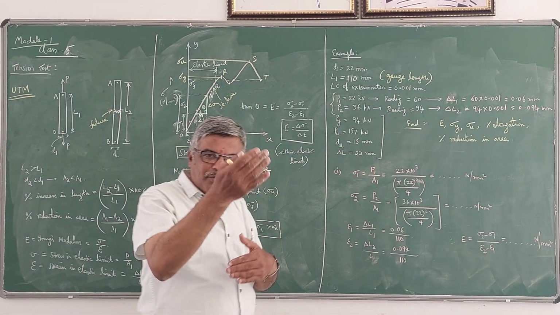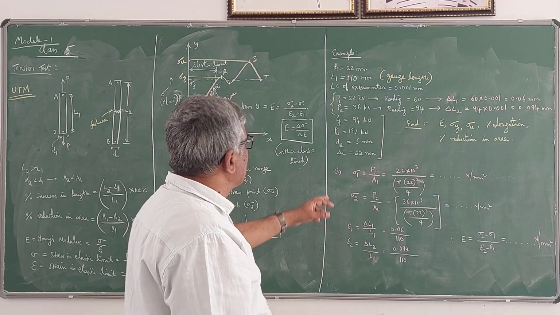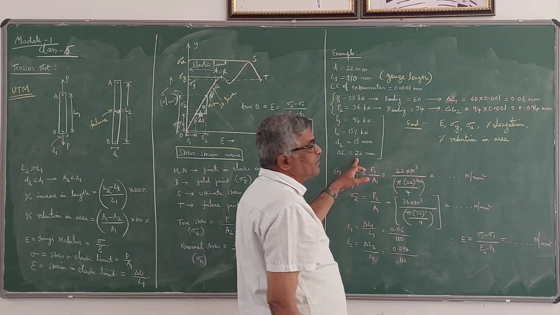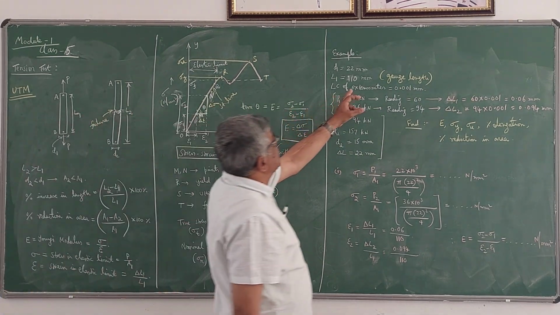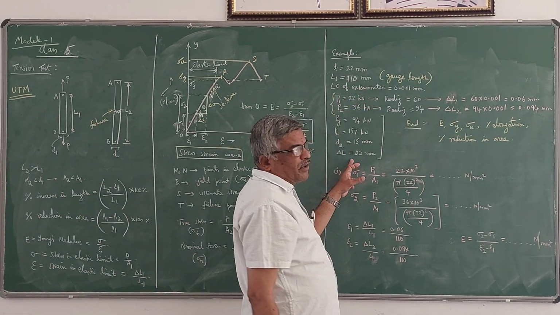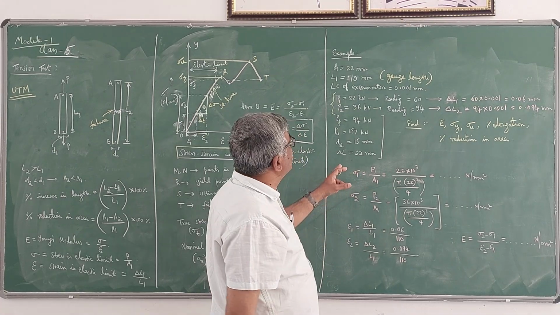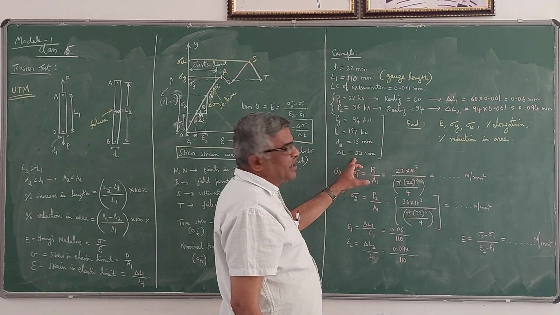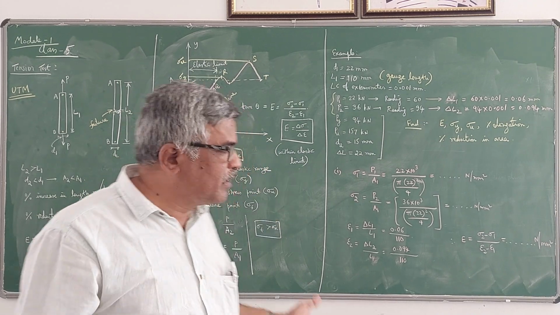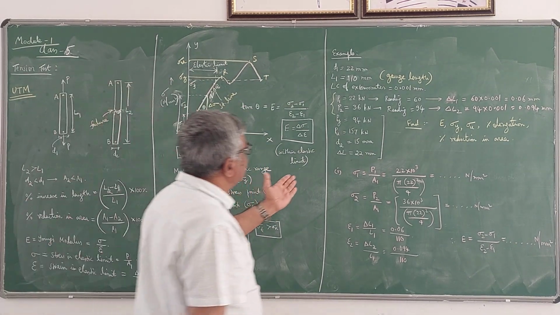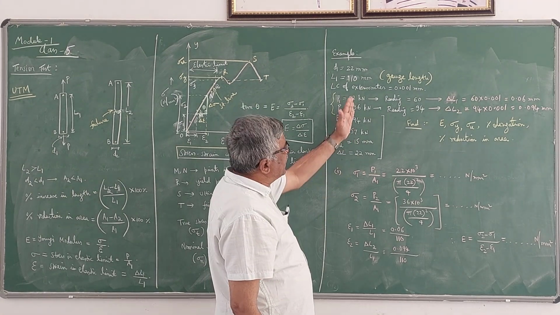So 22 mm has reduced to 15 mm, and the increase in length is 22 mm. Initially the gauge length was 110 mm and now it is increased by 22 mm, so the final length L2 is 110 plus 22, 132 mm. Instead of giving the final length, he has given the increase in length. So these are the data given.